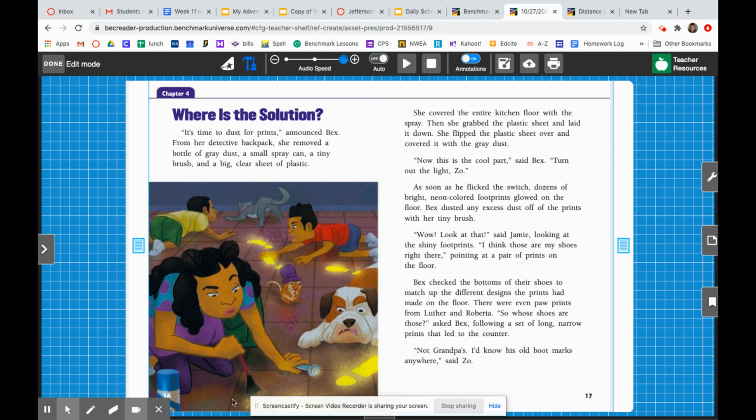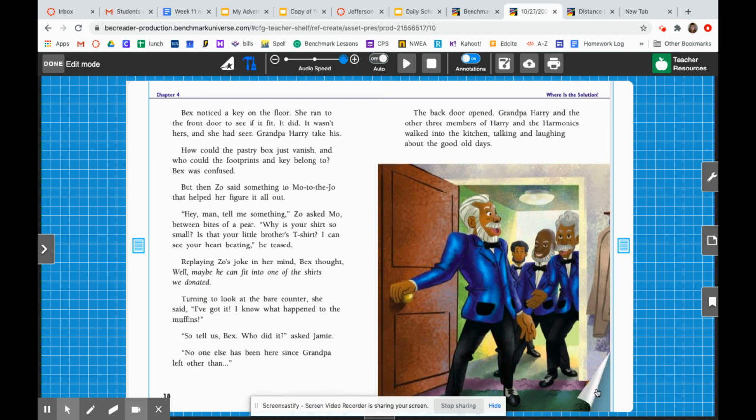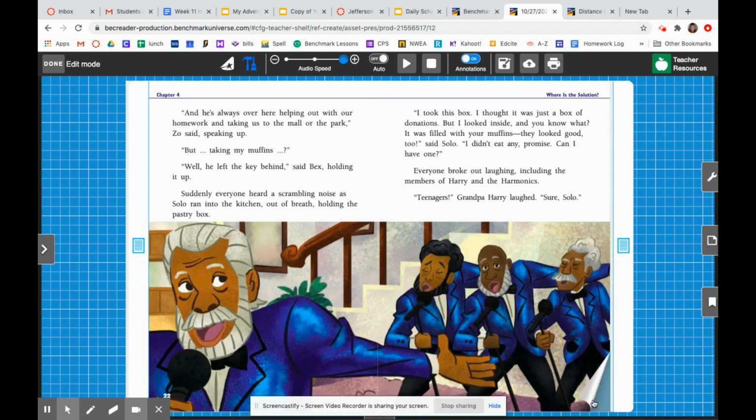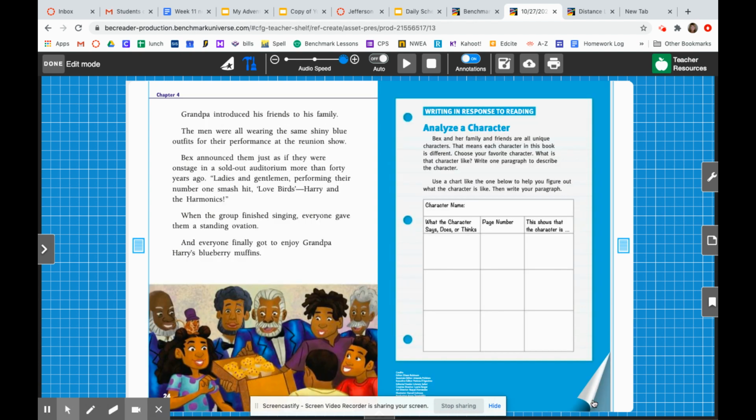Uh-oh, real detectives. Look at them down there snooping around. They look all fancy. Look at that. Just thinking. It would take a lot of thinking to solve a mystery, wouldn't it? It's a nice group of people.